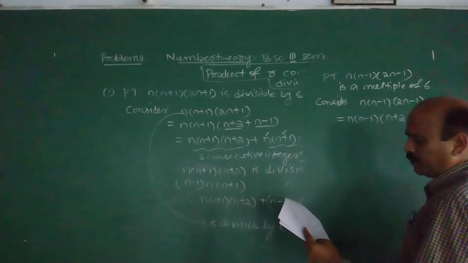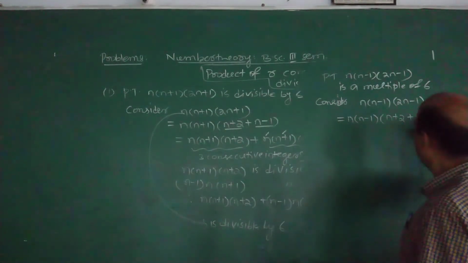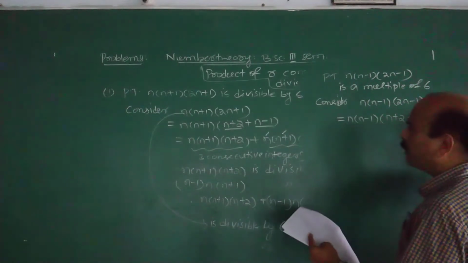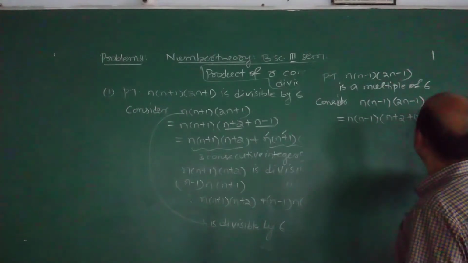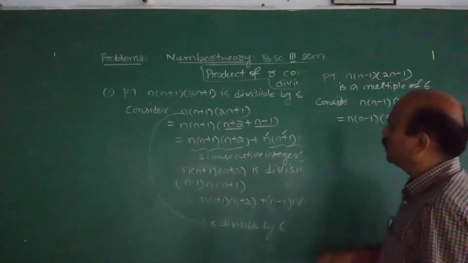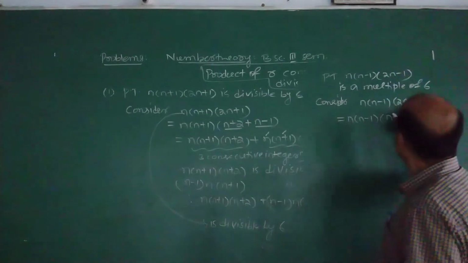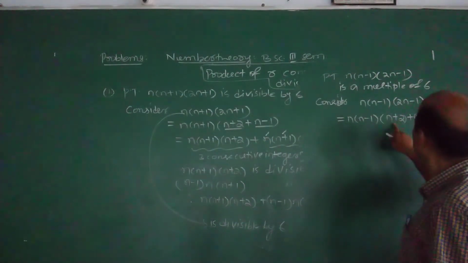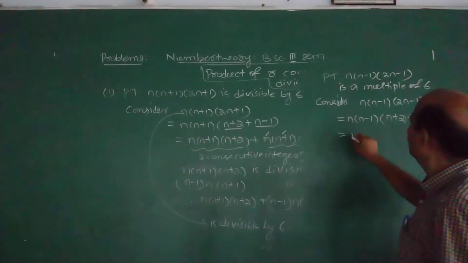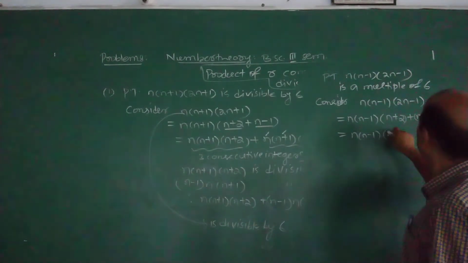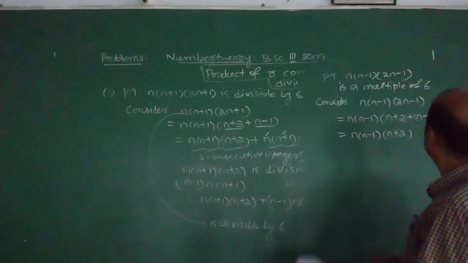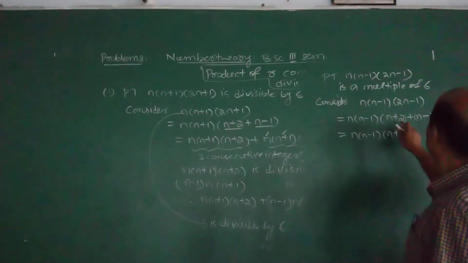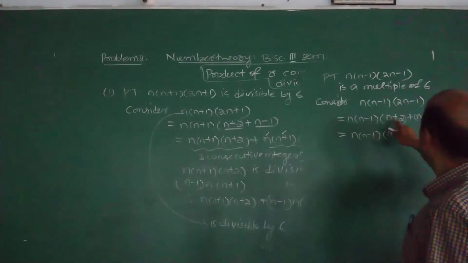Just a minute. Here we have 2n plus 1, here 2n minus 1: n plus 2 plus n minus 1 becomes 2n plus 1.